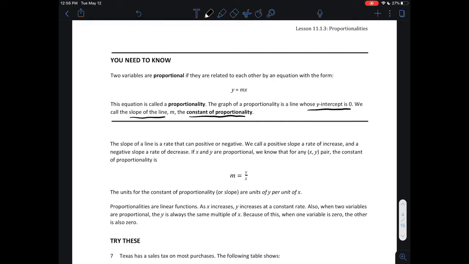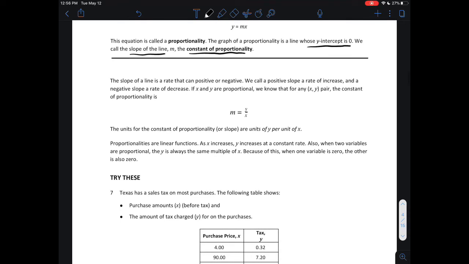The units for the constant of proportionality, or slope, are units of y per unit of x. Proportionalities are linear functions. As x increases, y increases at a constant rate. Also, when 2 variables are proportional, the y is always the same multiple of x. Because of this, when one variable is 0, the other is also 0.